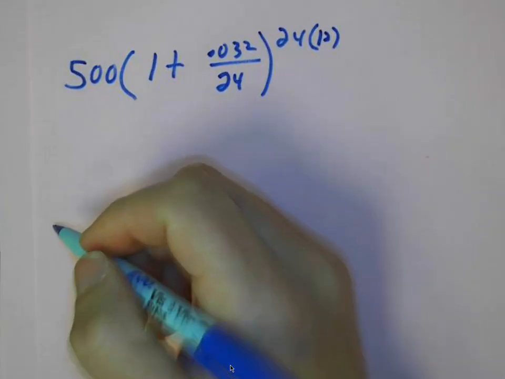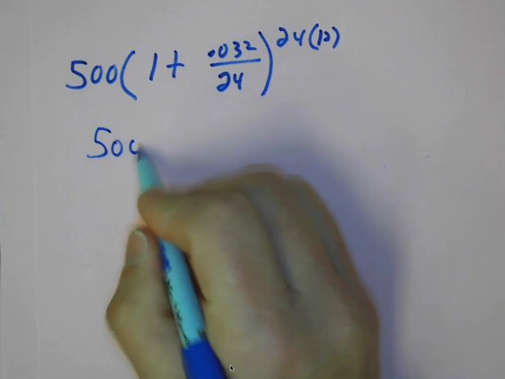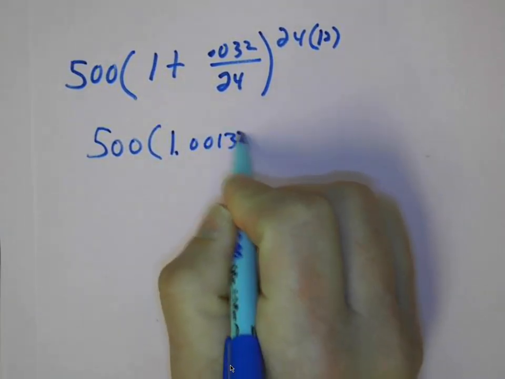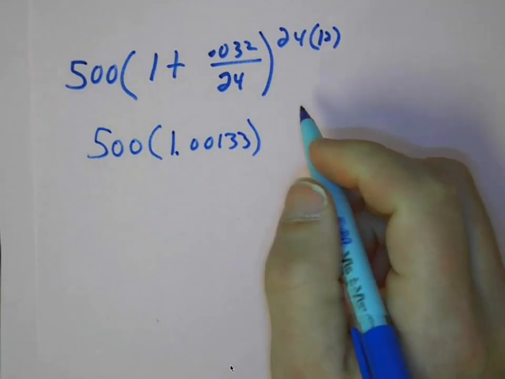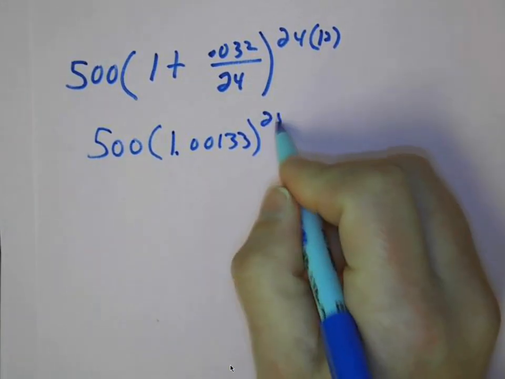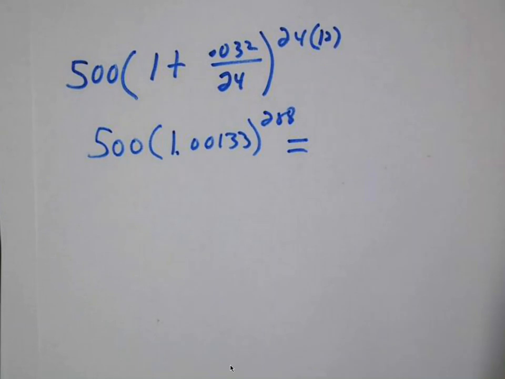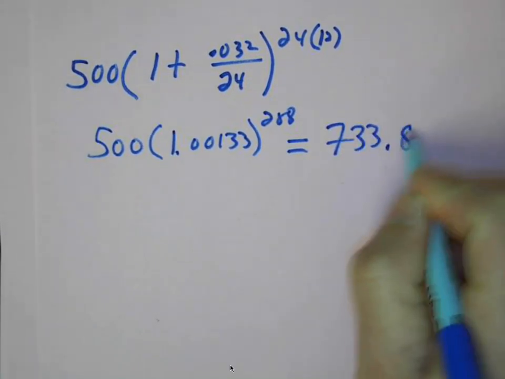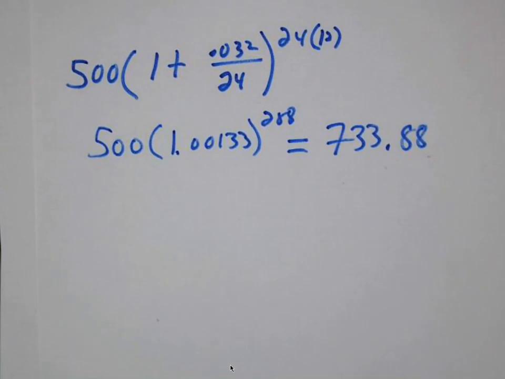So when you calculate all this, it becomes 500 times 1.00133, and this goes up to the 288th power. When you punch that in your calculator, you get $733.88.